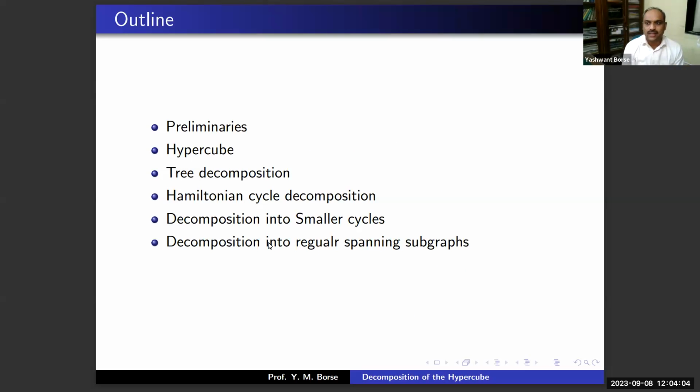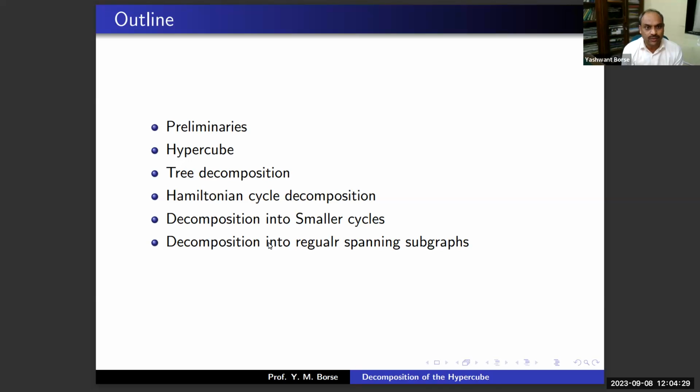Okay, so the outline of our talk is first preliminaries. What is decomposition? We will talk about that. Then we will introduce the hypercube. And then there are 4 types of decompositions which have been studied for the hypercube.